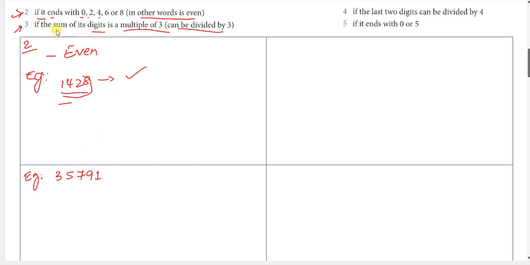It says the sum of its digits, which means you have to add 3 plus 5 plus 7 plus 9 plus 1. So you are gonna get 25, and you can see 25 cannot be divided by 3. Simple as that. So hence 35791 is not divisible by 3.